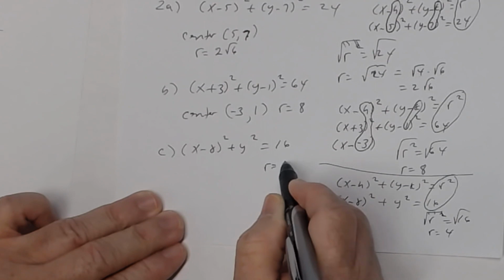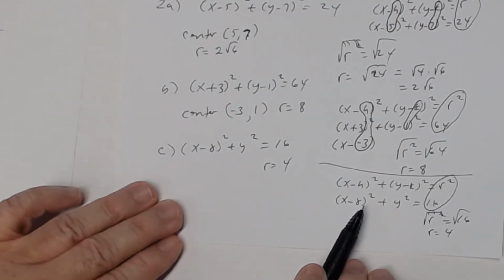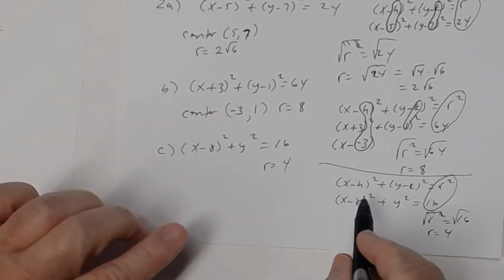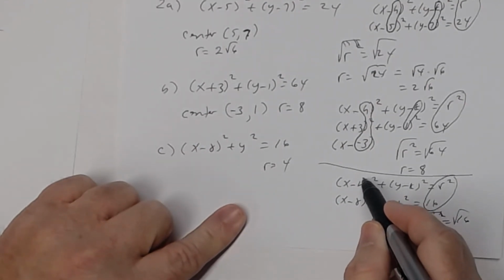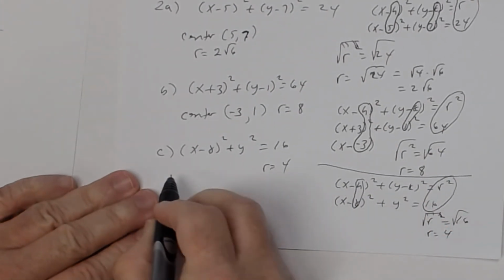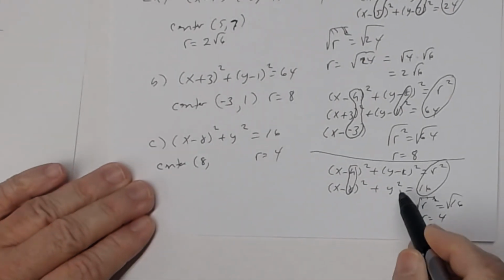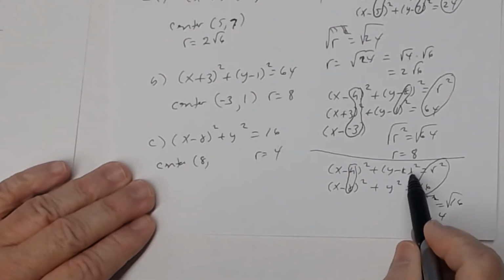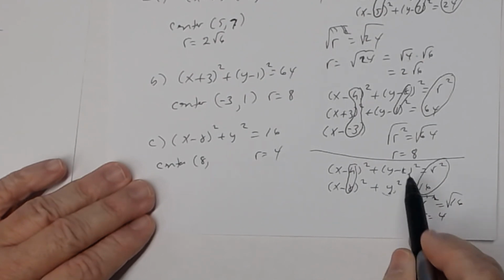So I found the radius is 4, and then to find the center, h is easy because this says x minus, right? So that says h then has to be 8. So the center is going to be 8, comma, and then right here, what you want to do is rewrite this y as a binomial.